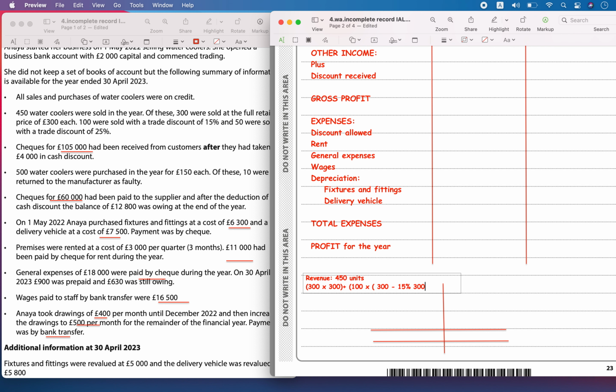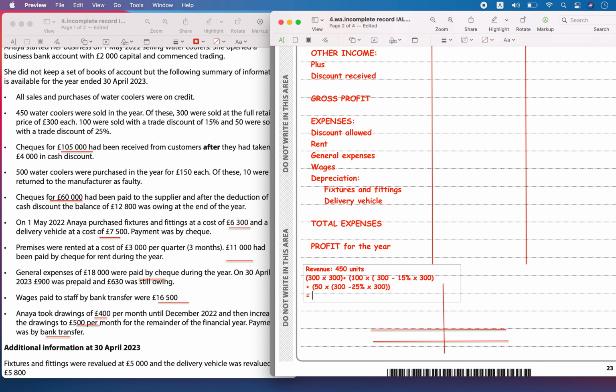So minus 15 percentage of 300. Then the rest 50 units were sold at a trade discount of how much? 300 minus 25 percentage of 300. So it was sold giving 25% discount.